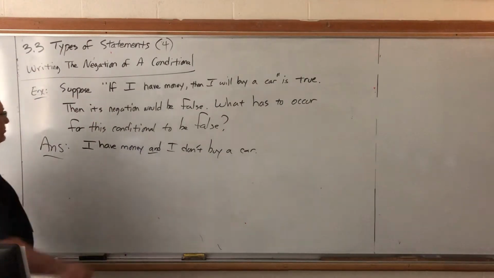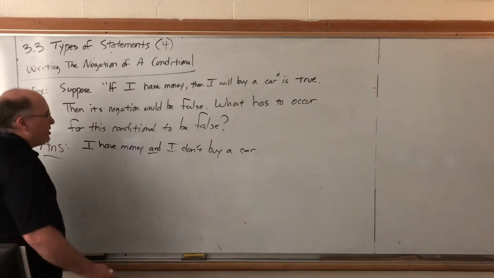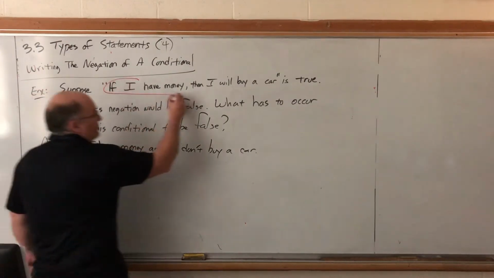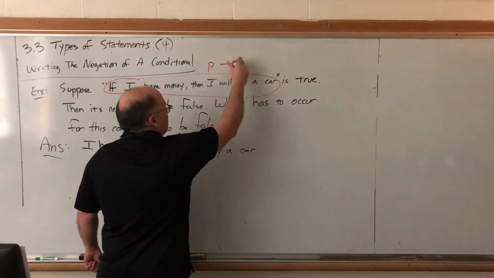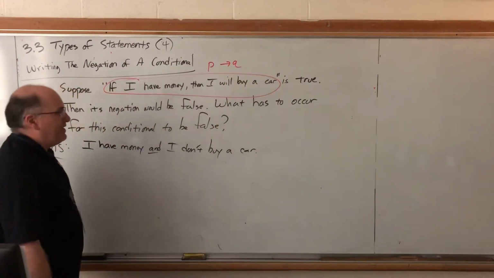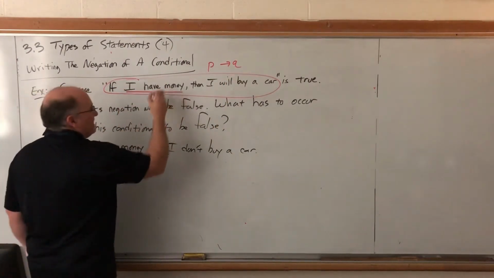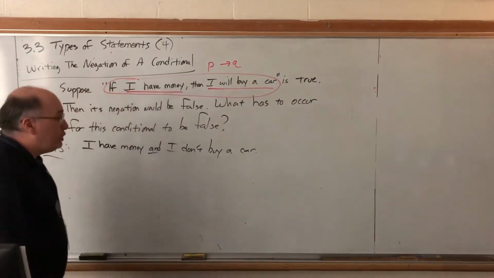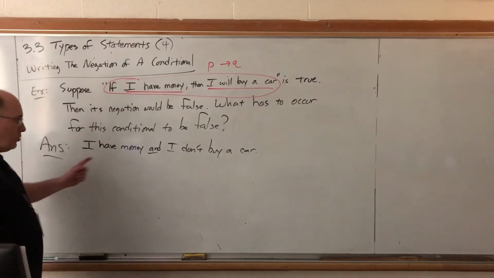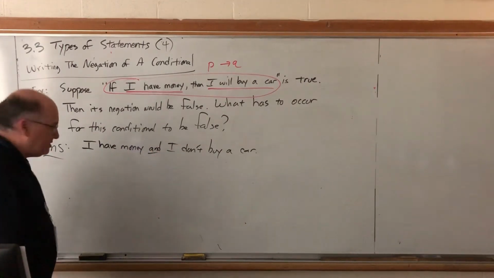Well, let's try to do this generically. Generically, to write a conditional, I would just have to write P pointing to Q. Now, if I write that, then I'm defining I have money to be P and I will buy a car to be Q. So how would this statement translate?